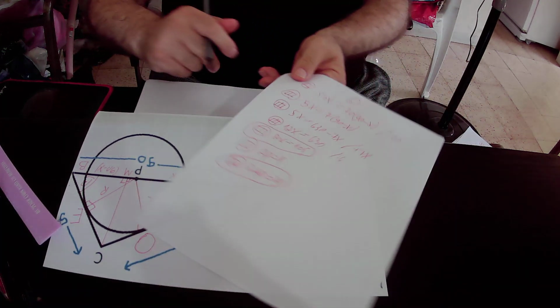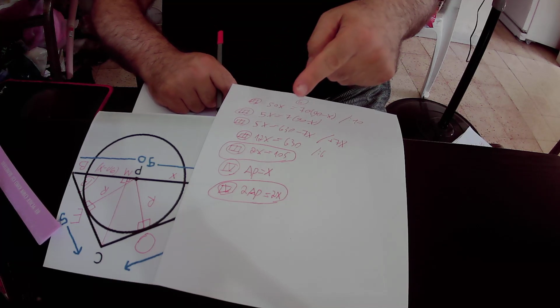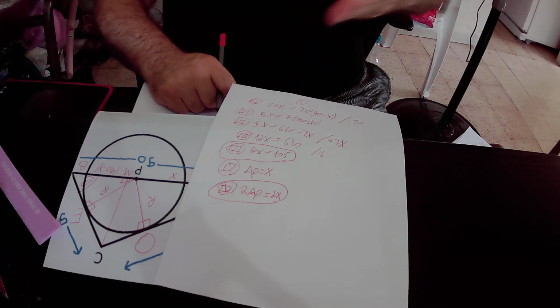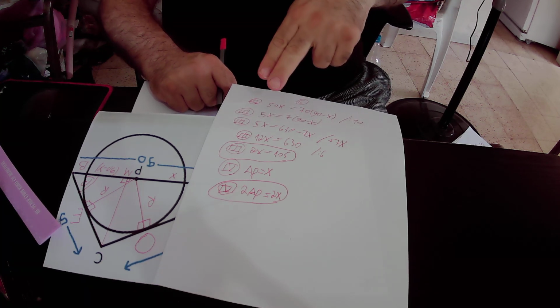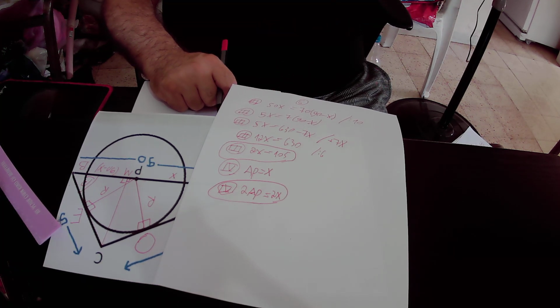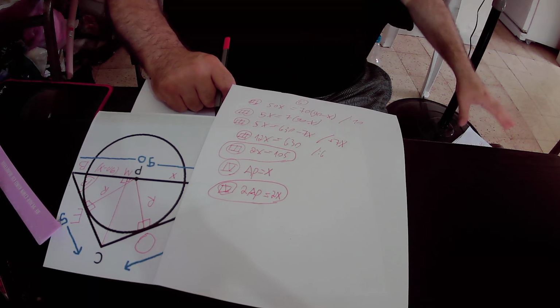So in the fourth equation we got that 2 times x equals 2 times AP, and from the third equation, we know that 2 times x equals 105 units.